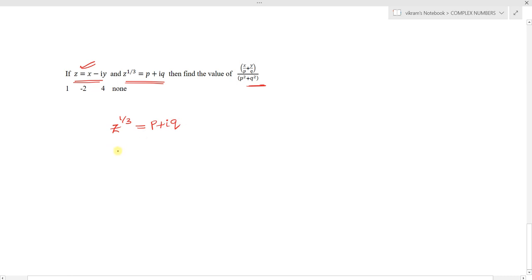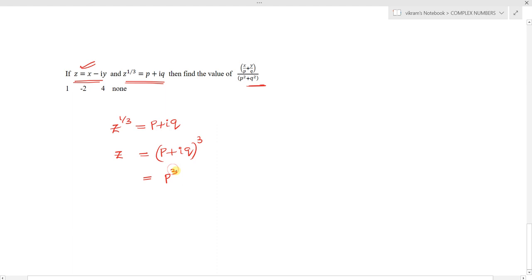If we cube both sides, what do we get? z equals (p plus iq) whole power 3, which is simply (a plus ib) whole cube. Now expand this and separate the real and imaginary parts.